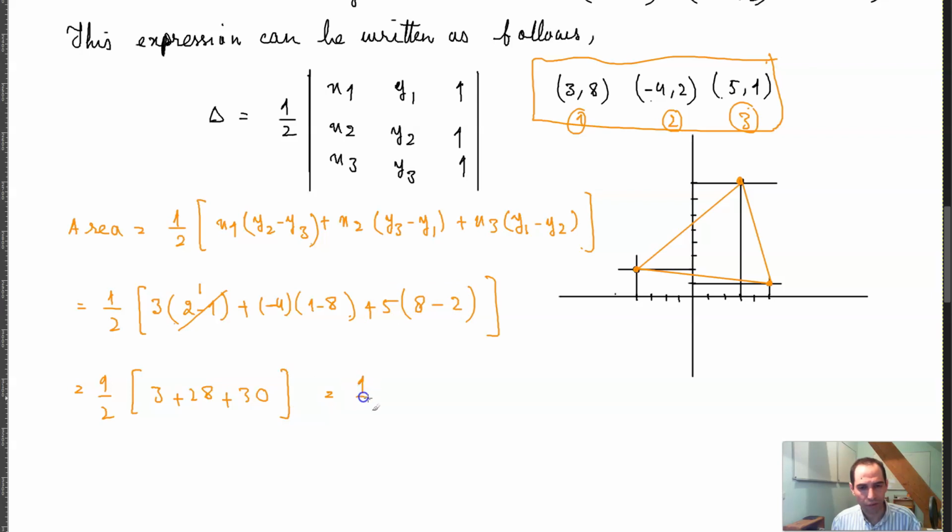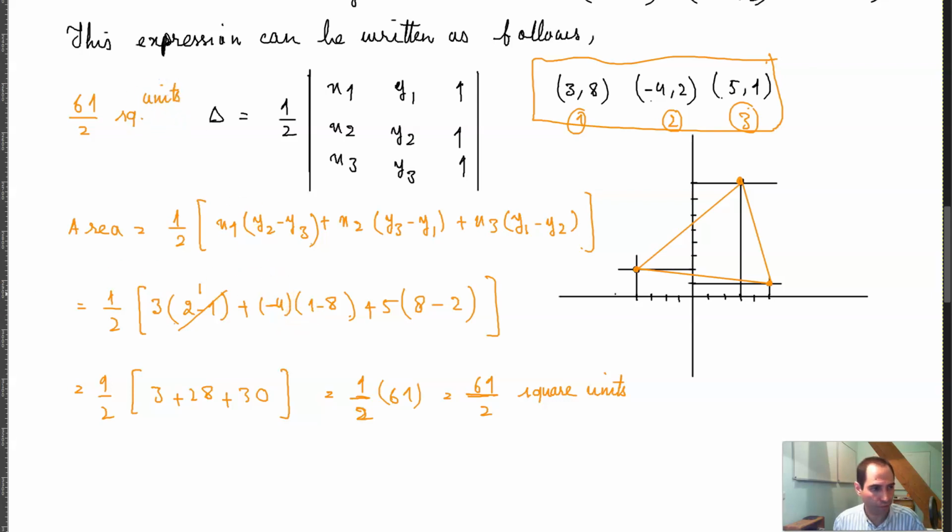So this is equal to 1/2 times 58 plus 3 is equal to 61, which is equal to 61/2 square units, right? Now let's do the same thing. So using the formula, I got 61/2 square units.